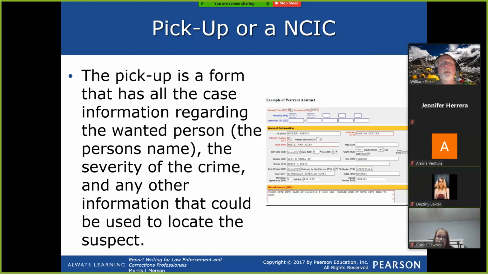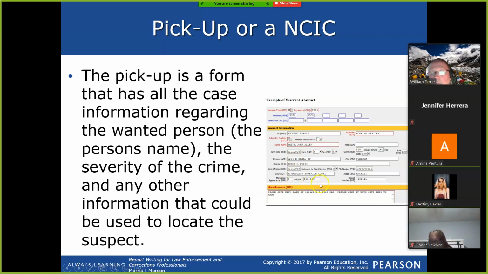So the pickup is a form that has a lot of the case information in it: the wanted person's name, the severity of the crime, and any other information that's used. And here's a little example of one. This is an example of what we call a warrant abstract. It's got the person's name, the crime, etc., the amount of bail.